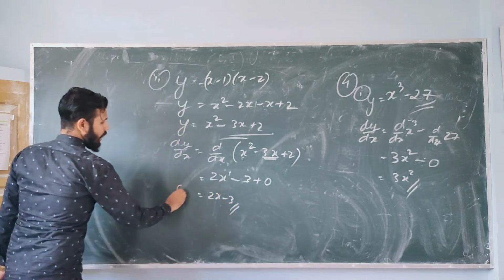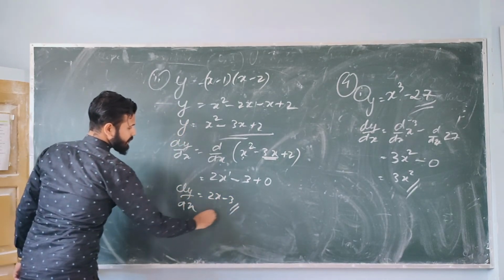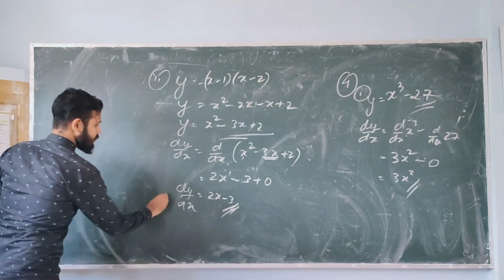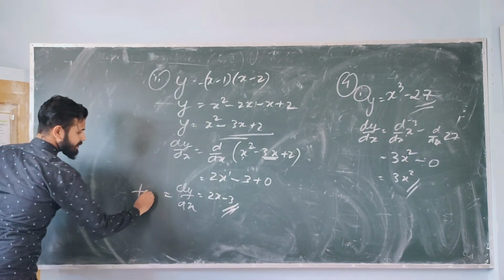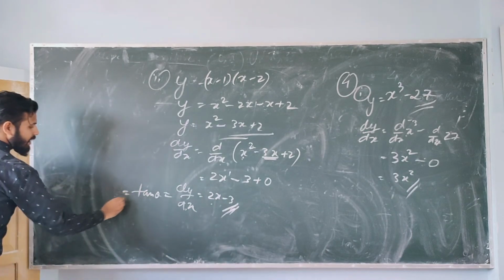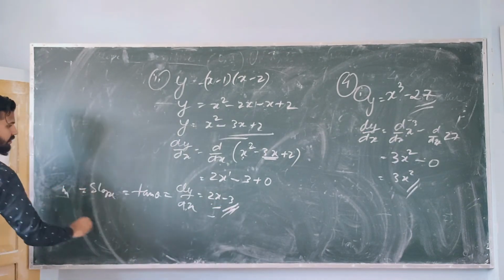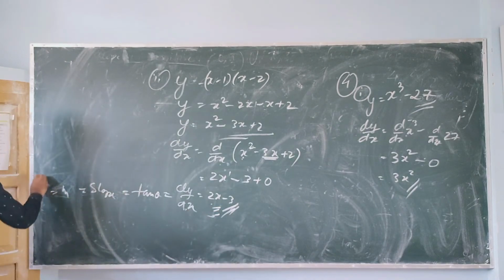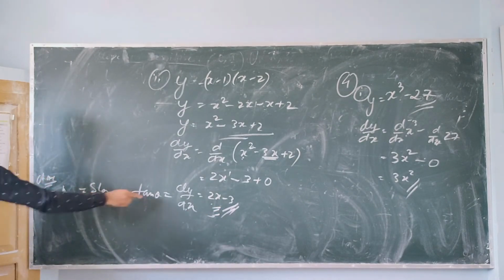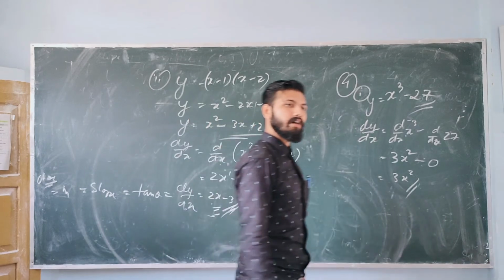That means dy by dx is 2x minus 3, or you can say tan theta is this one, or slope is this one, or m is this one, or rate of change is this one. Same meaning.